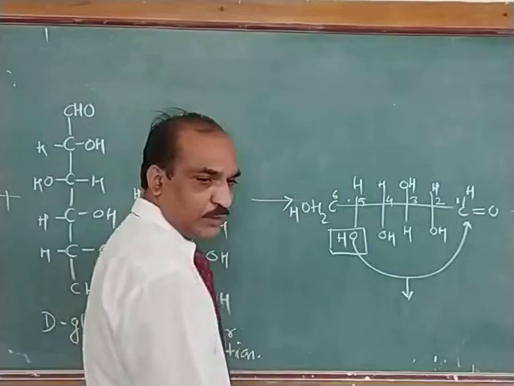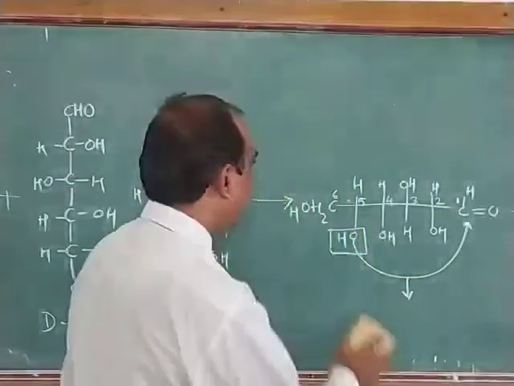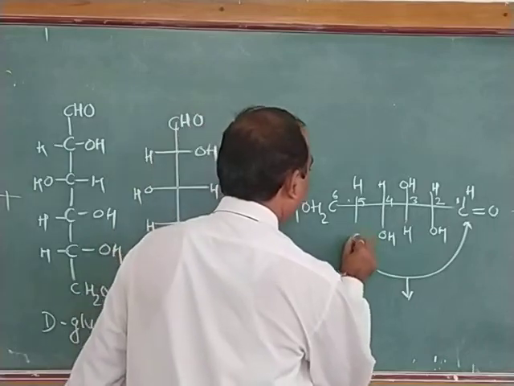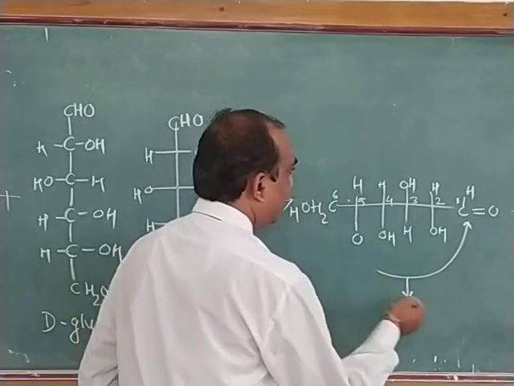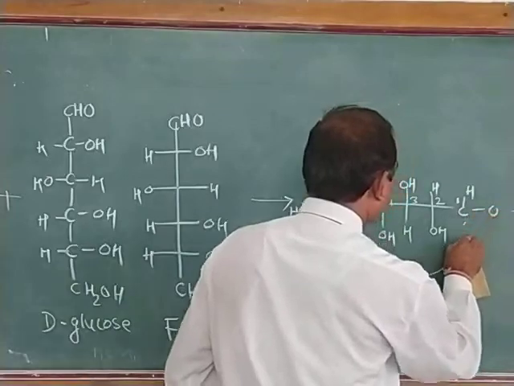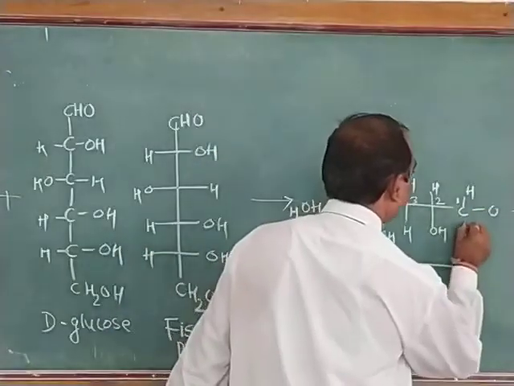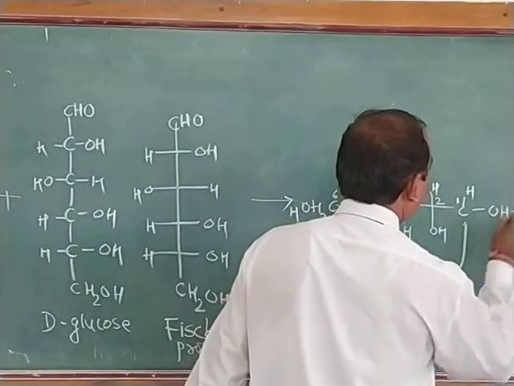How does it get cyclized? Just remove this, and here is the O, you can write as such, and here this bond is getting broken, and here is the OH.